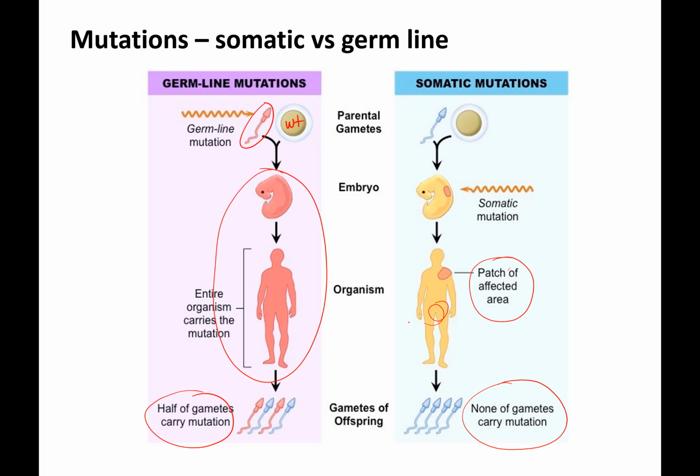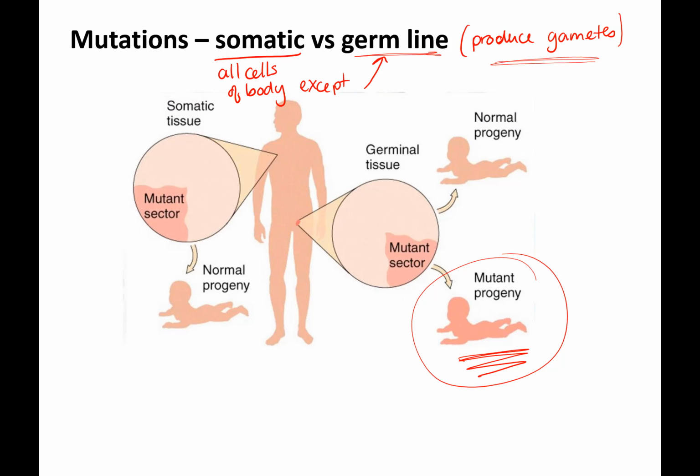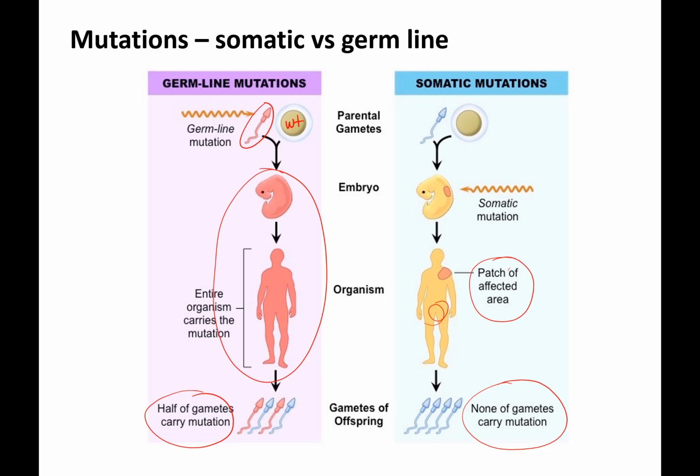There's a kind of negative connotation with the term mutation. That's why I also think it's kind of funny to call it a mutant progeny, because perhaps this progeny now has a very special feature. So remember that mutations are not all bad. Mutations are the source of genetic diversity and evolution.